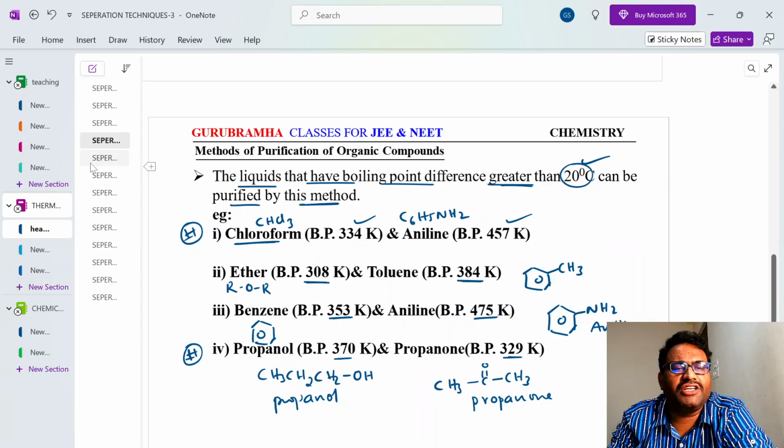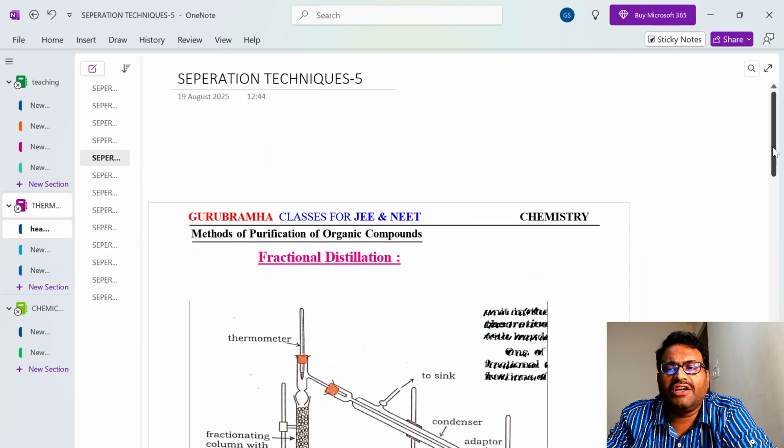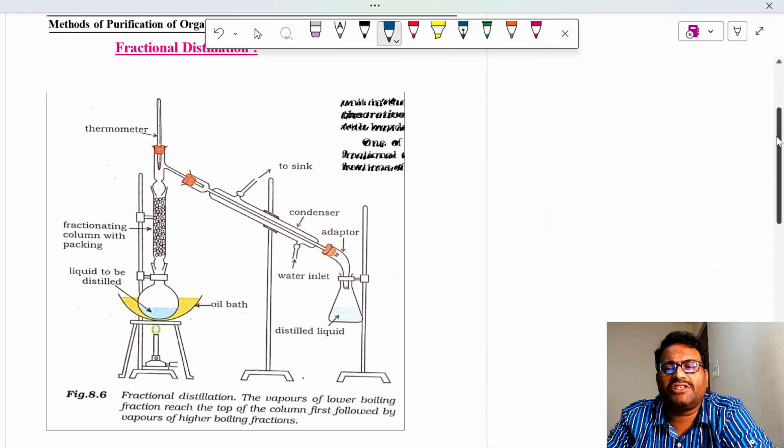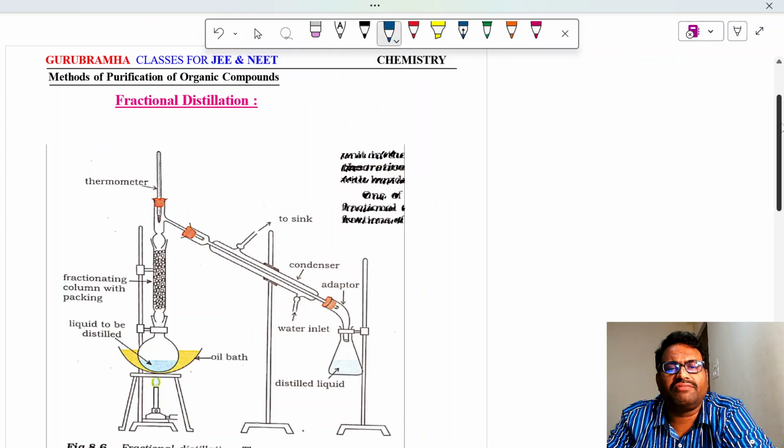That is about simple distillation. We are now seeing about fractional distillation. What process? Fractional distillation. Right? So what is the difference between simple distillation and fractional distillation? A very small difference. We are separating the liquids whose boiling point difference is less than 20 degrees centigrade.